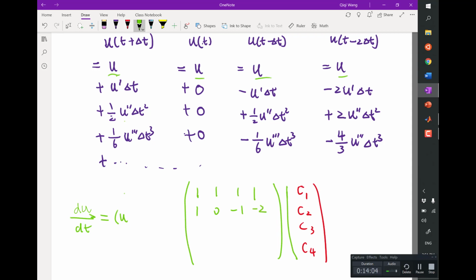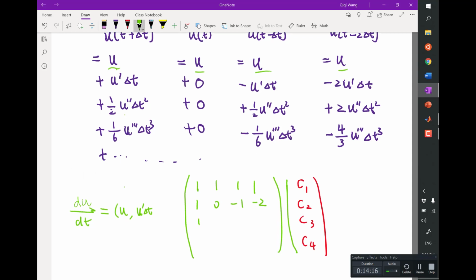This is multiplied by the second term in the vector, u prime delta t, right? Okay, and the third row of the matrix is half, 0, half, and 2.